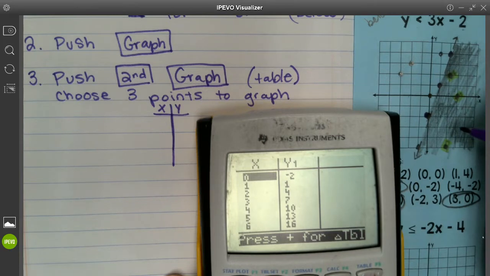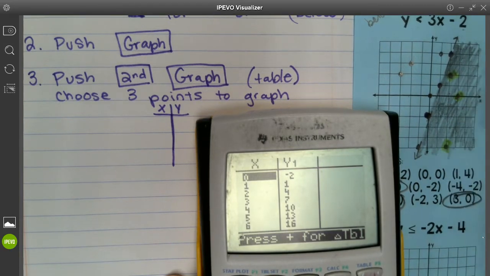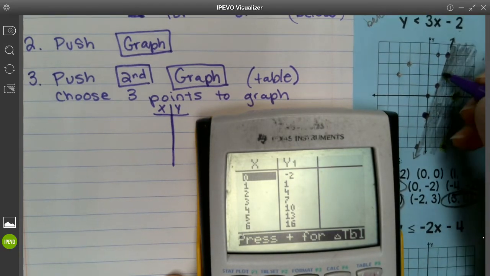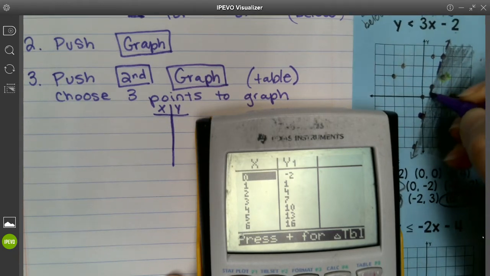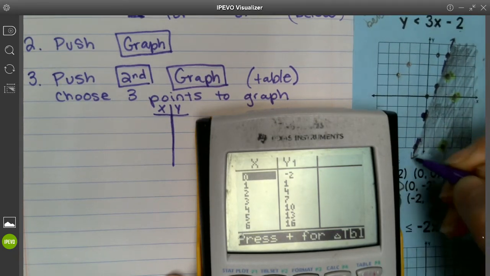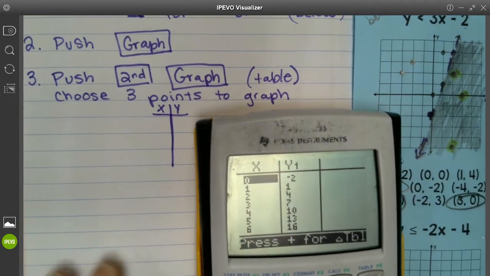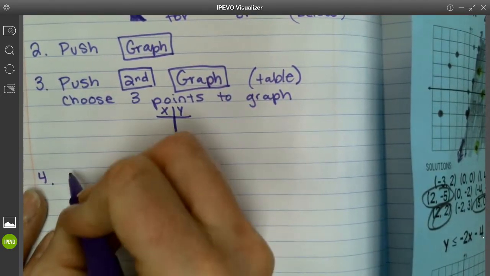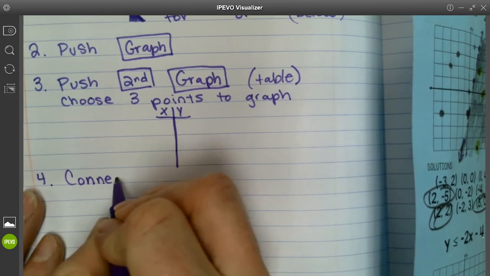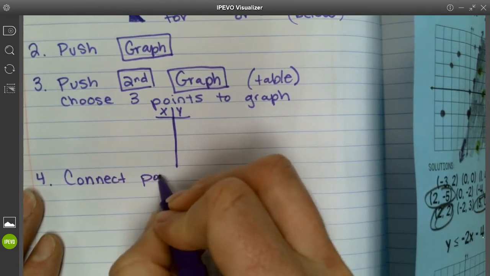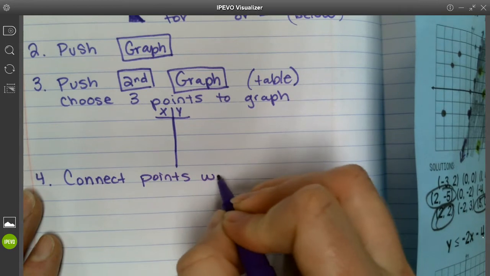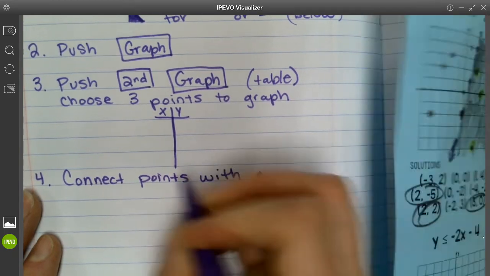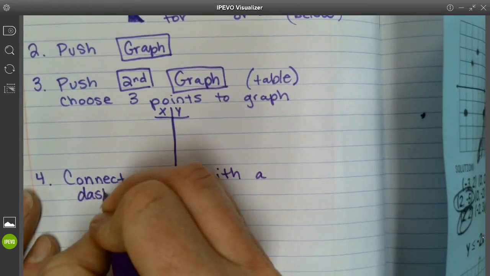So don't forget to either do it dashed or solid. This one we had already done. We did it dashed, right? So using just the 3 points that we got, we could have done our line. So step 4 was to connect points with a dashed or solid line.